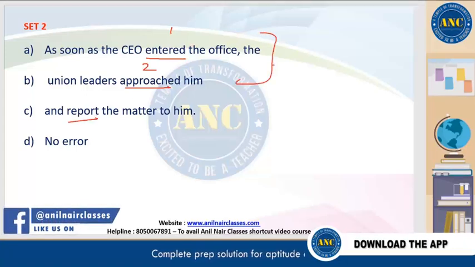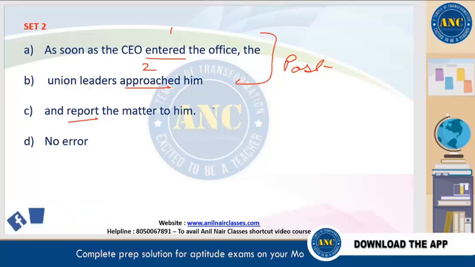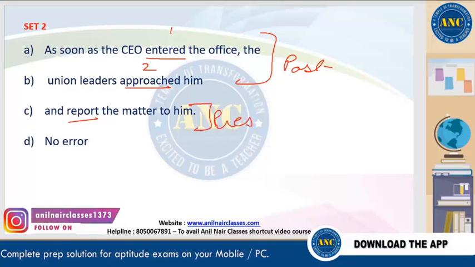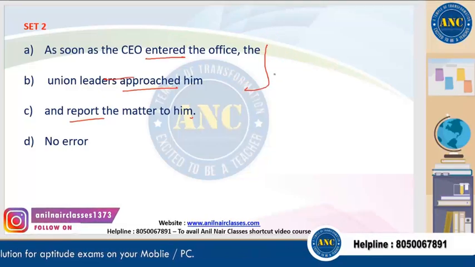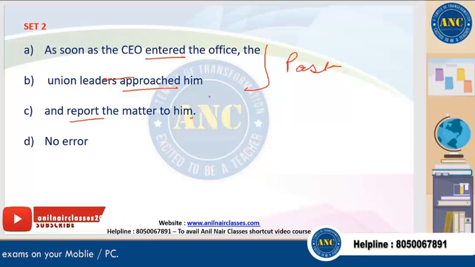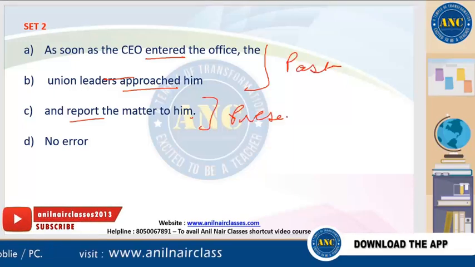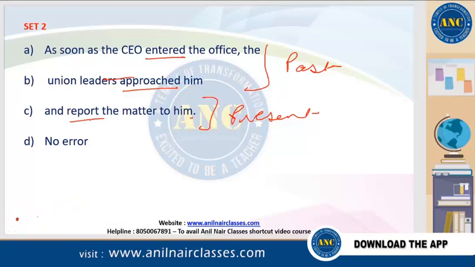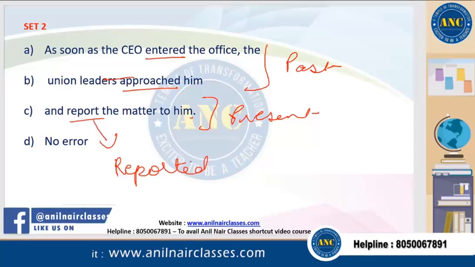These two are in the past, so the consistency has to be there. This cannot be in the present. So this also should be in the past tense, which is "reported". So get rid of A, B and D. Mark C as the right answer.